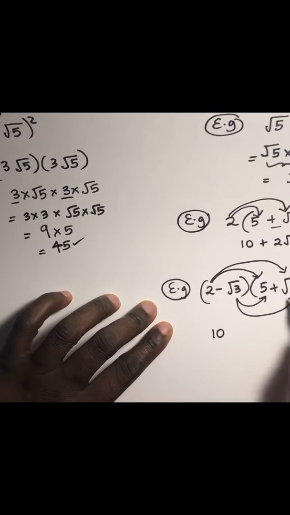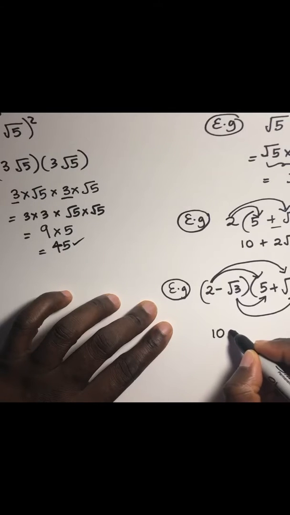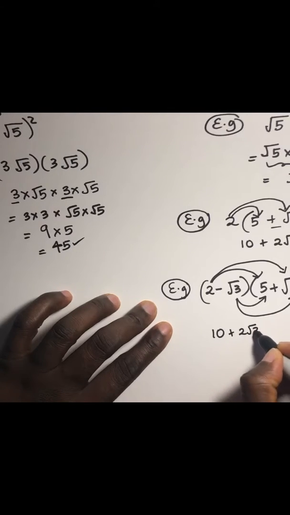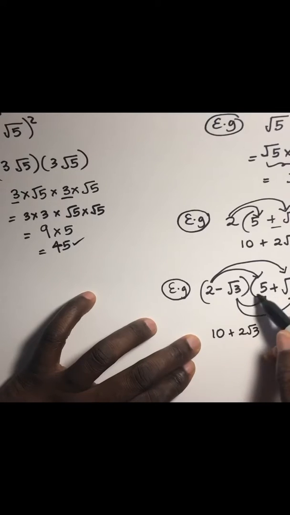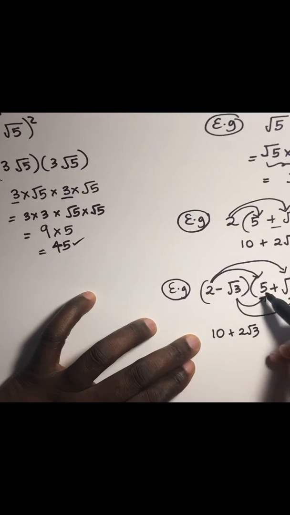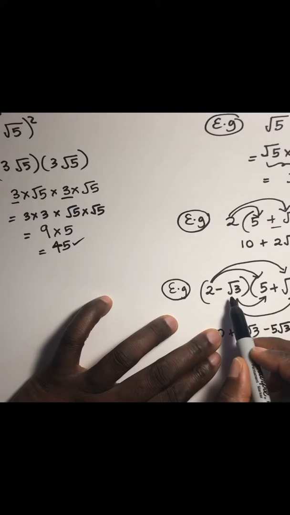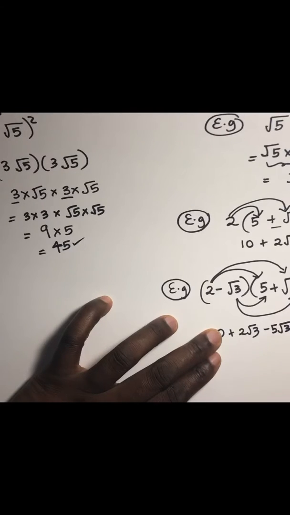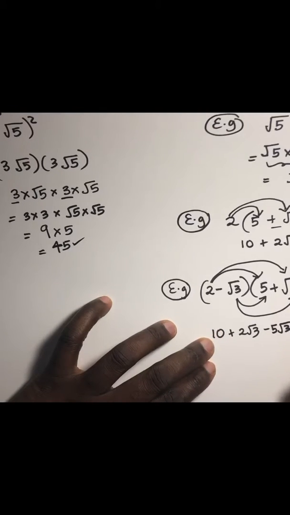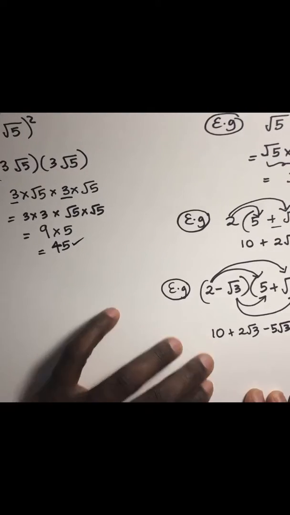Outer would be 2 times root 3, so that would be plus 2 root 3. Inner would be minus root 3 times 5, so that would be minus 5 root 3. And the last would be minus root 3 times root 3, so that would be minus 3. Remember, root 3 times root 3 equals 3. Now we've got the minus, so that would be minus 3.